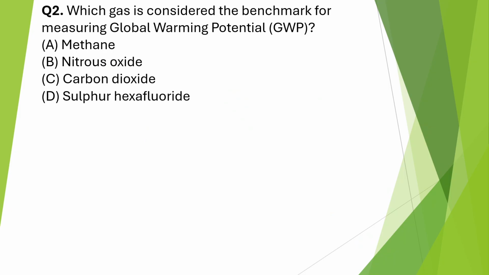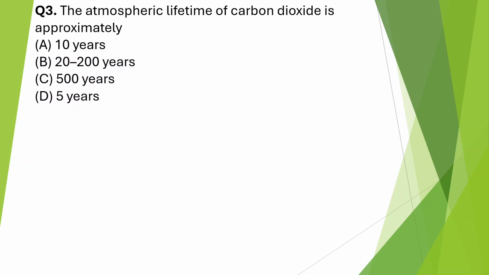The next question is question number 3, which is asking you all about the atmospheric lifetime of this carbon dioxide gas, which is approximately 10 years, or 20 to 200 years, or 500 years, or less than 5 years. So what will be the approximate or the most suitable answer for this particular question number 3?